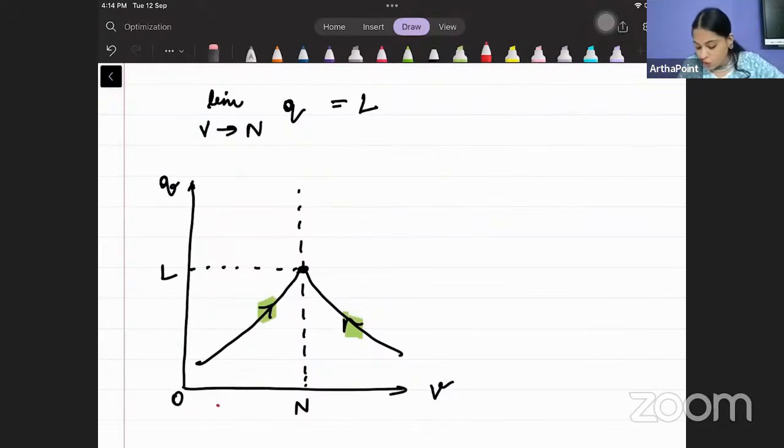So when v goes to n, my curve is going towards L from here. And when I go to n from here, then also my curve is going to L from here.